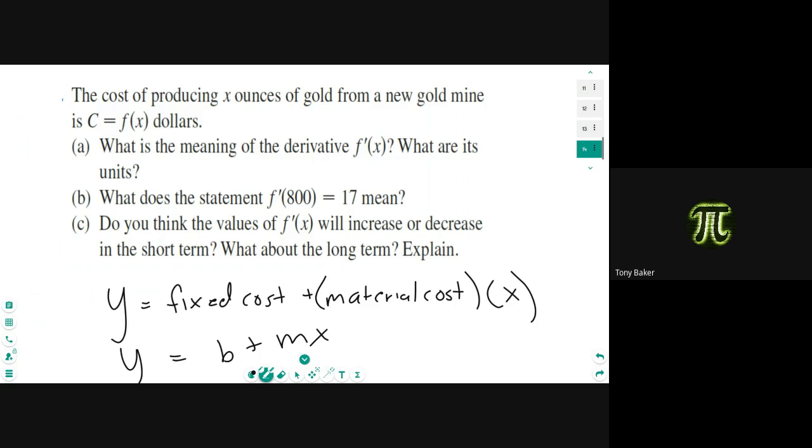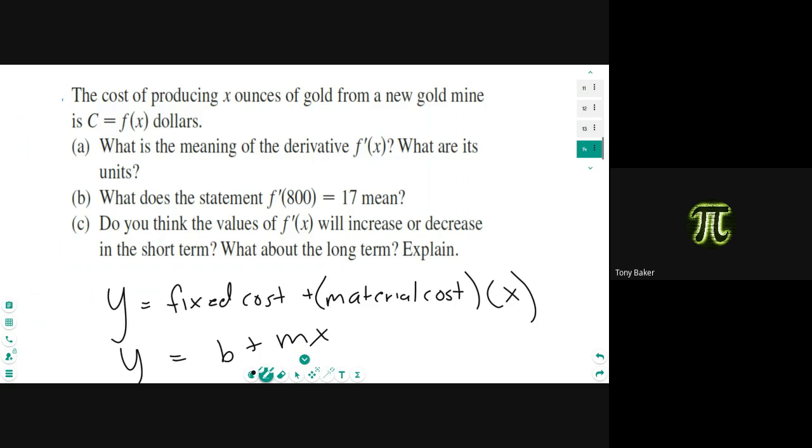Okay, it's a linear equation. They can get really complicated, but it breaks down to basically a linear equation. All right, what's the meaning of the derivative? And in terms of this, what are its units? Dollars.